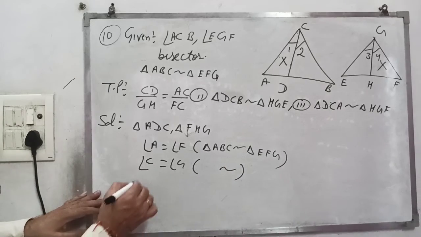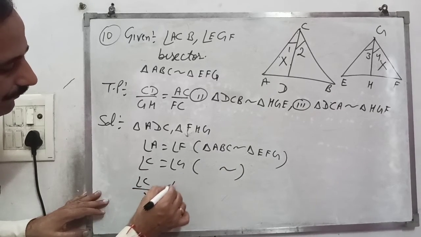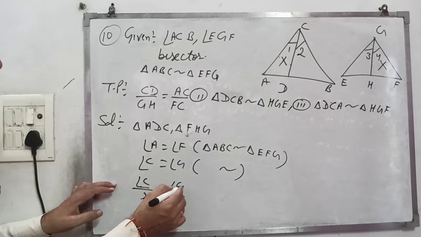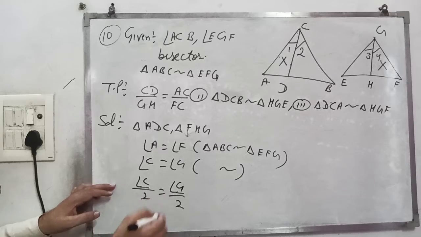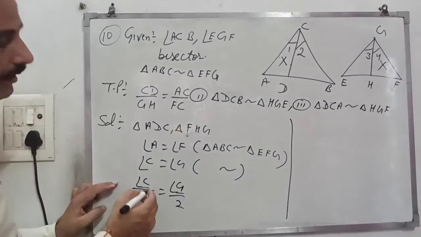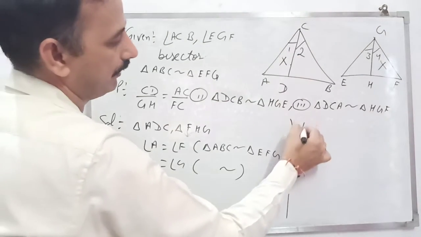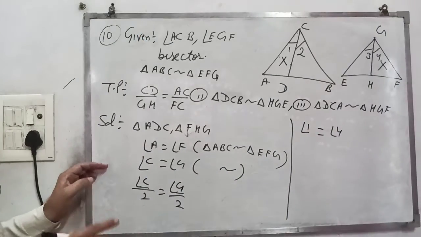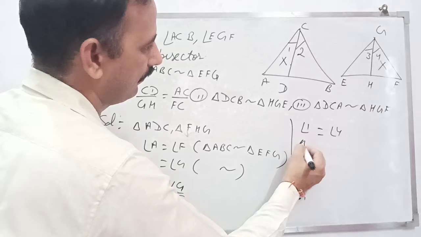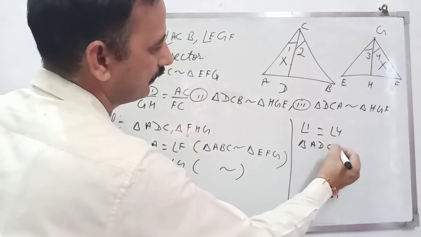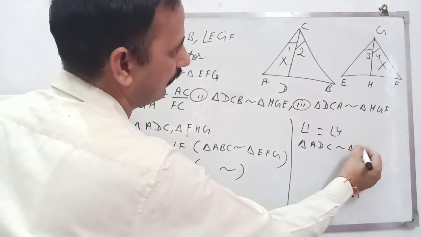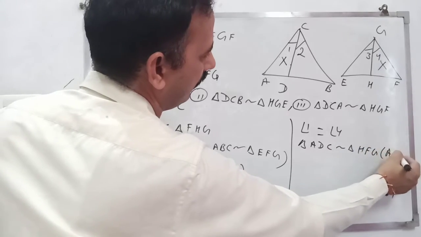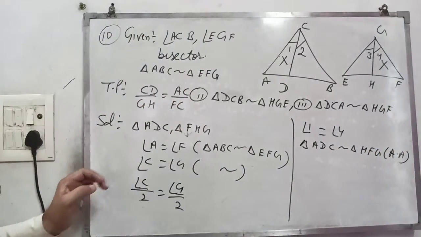Similarly, angle C and angle G are equal because the triangles are similar. If we divide both sides by 2, angle C is divided by 2 and angle G is divided by 2, so it means angle 1 is equal to angle 4. So if the two angles are equal, triangle ADC is similar to triangle HFG by the AA condition.